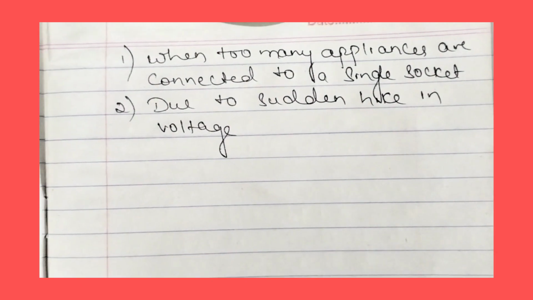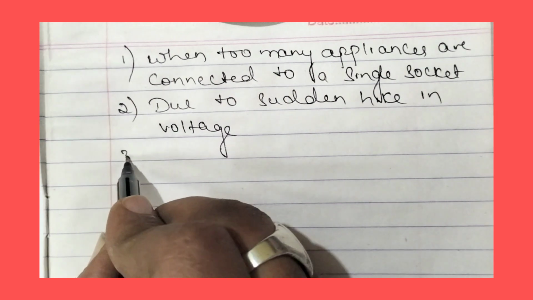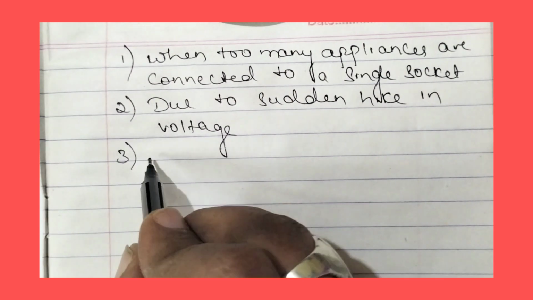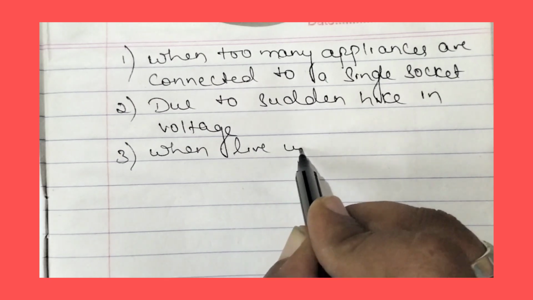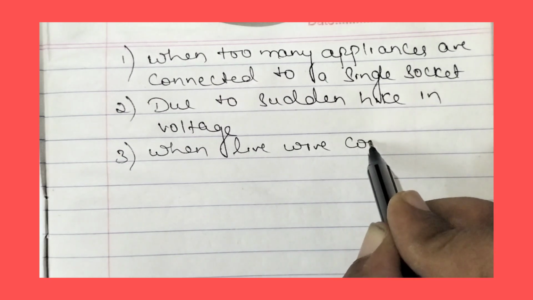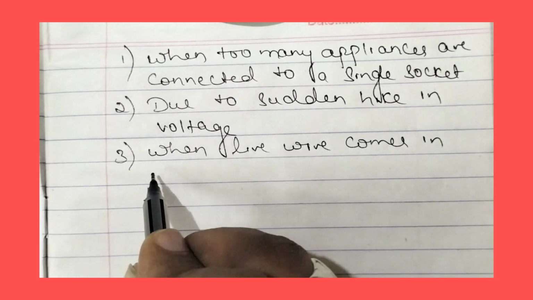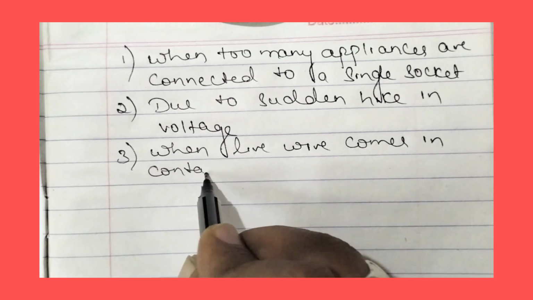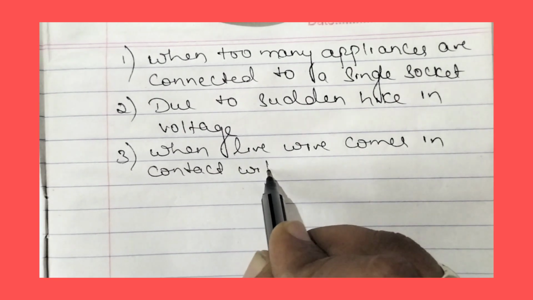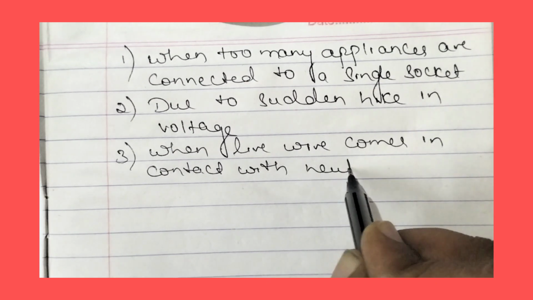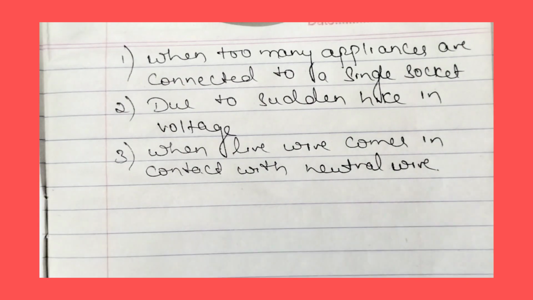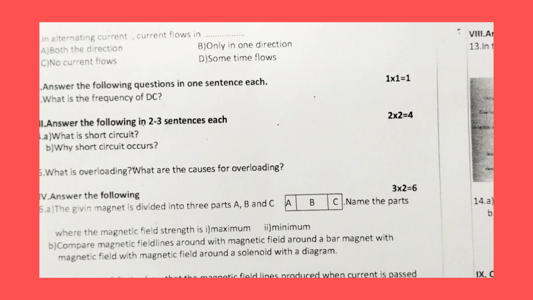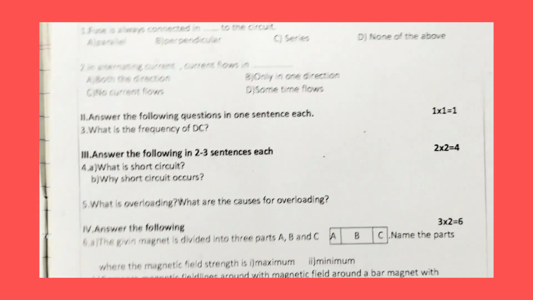Then the third reason is when the live wire comes in contact with the neutral wire. So these are the three reasons which cause overloading. Now let us move to question number 6.